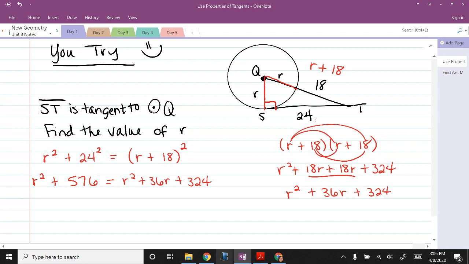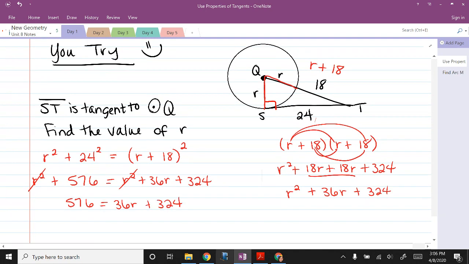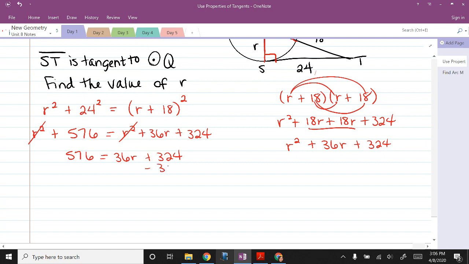Now, I have an r squared on each side, so if I subtract them on both sides, they cancel out. So now my equation just says 576 equals 36r plus 324. Solving for r. So I just need to subtract 324 on both sides. So 576 minus 324 is 252.